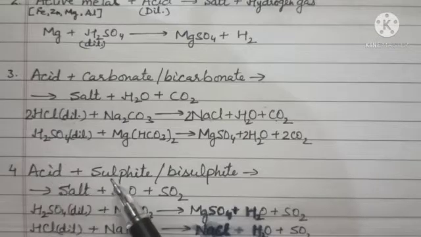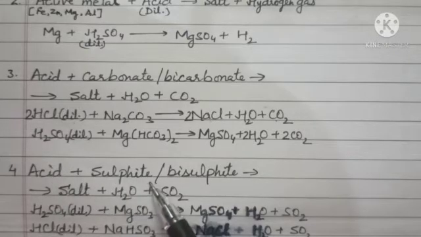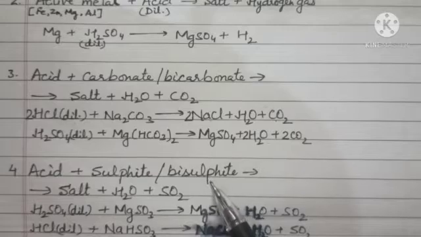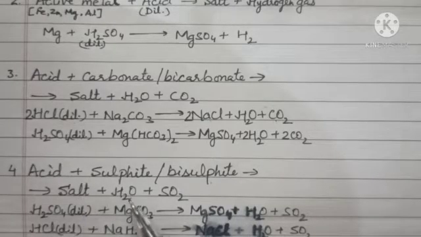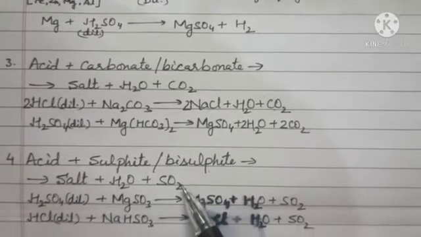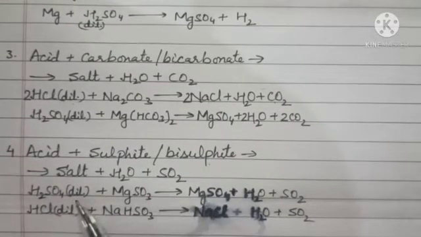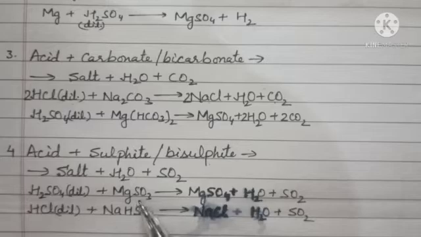When dilute acids react with metallic sulfite or metallic bisulfite, then the products are always salt, water and sulfur dioxide. When dilute sulfuric acid reacts with magnesium sulfite, MgSO3, it always gives you MgSO4, magnesium sulfate, water and sulfur dioxide gas.